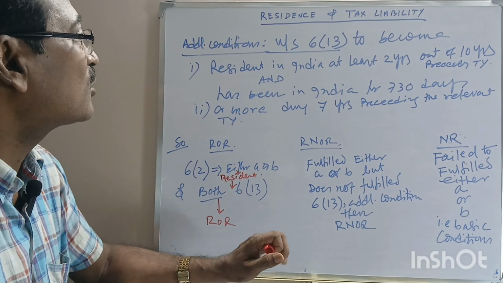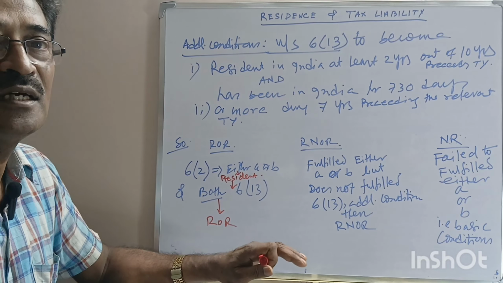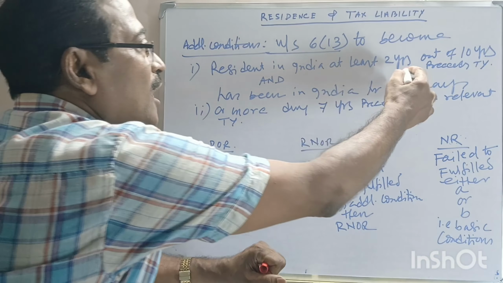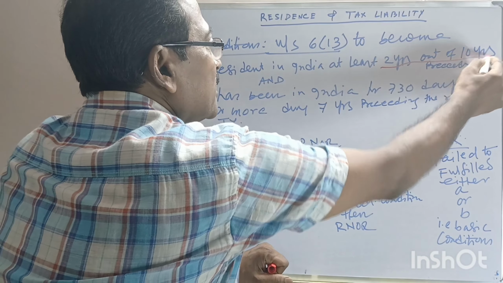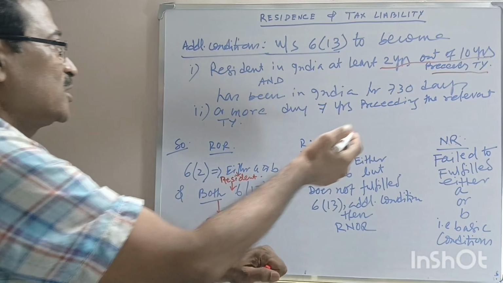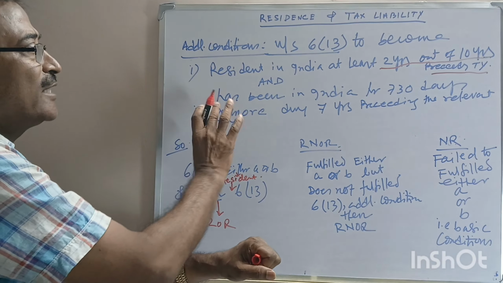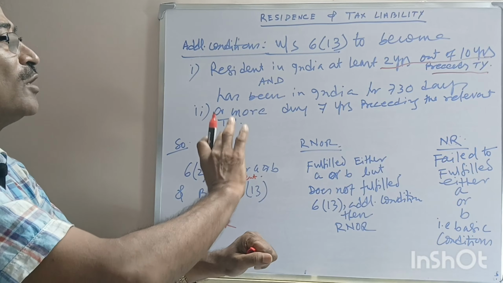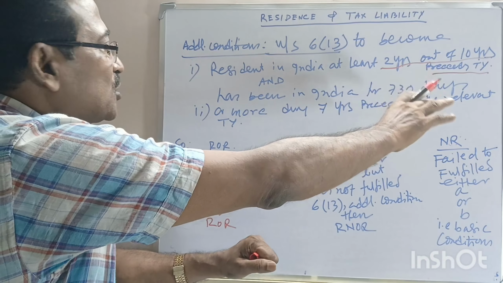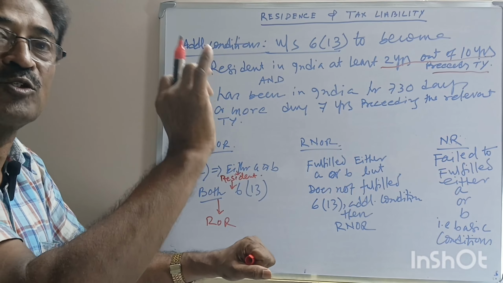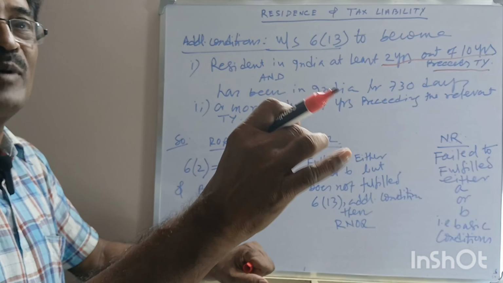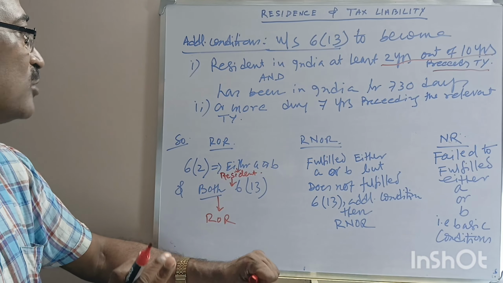What are the 2 additional conditions? He has been resident in India at least 2 years out of 10 years preceding the relevant tax year, and he has been in India for 730 days or more during 7 years preceding the relevant tax year. These two additional conditions must be fulfilled to become an ordinary resident person.